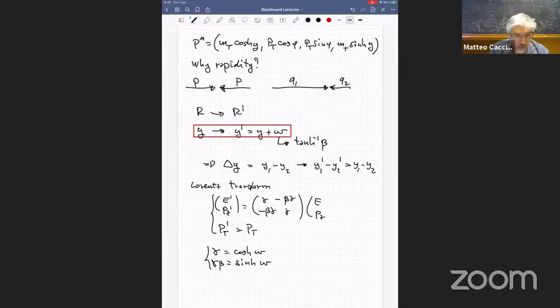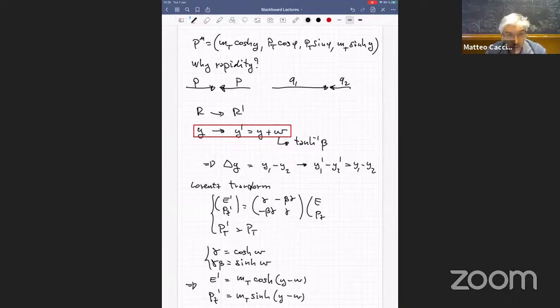And then once you have this, it's easy to see, and I won't do the calculation explicitly, that E prime becomes eventually mT cosh of (y minus omega), and pz prime is mT sinh of (y minus omega). Sorry, I need to change the page. So these two things you can easily check.